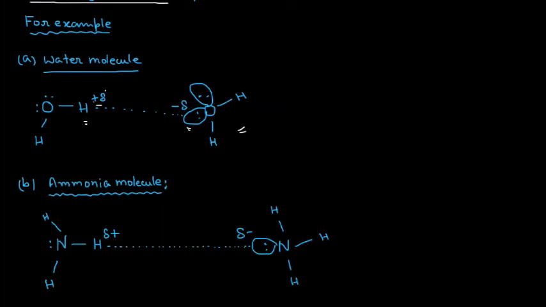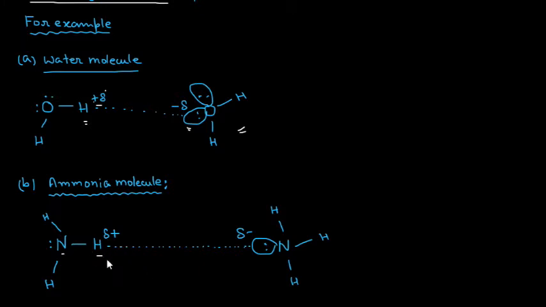The second example is ammonia. When this hydrogen is connected to the electronegative element nitrogen, this hydrogen develops a partial positive delta charge.